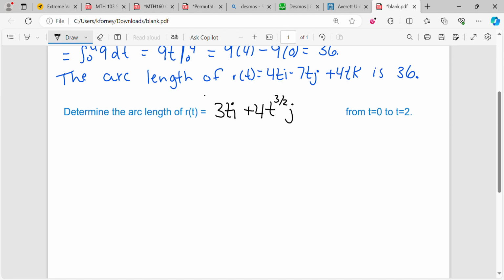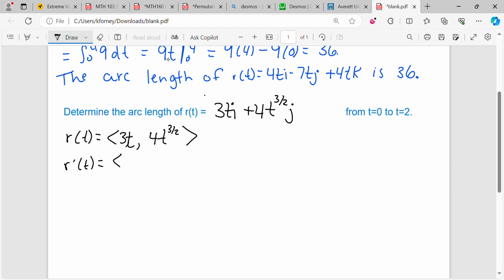Okay, so what that tells me is that we want to first start with r of t and our vector of 3t and 4t to the 3/2. Okay, so now finding the derivative.